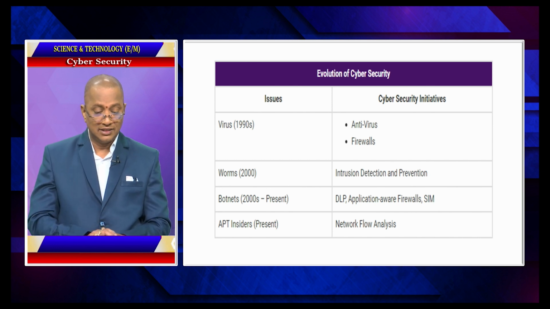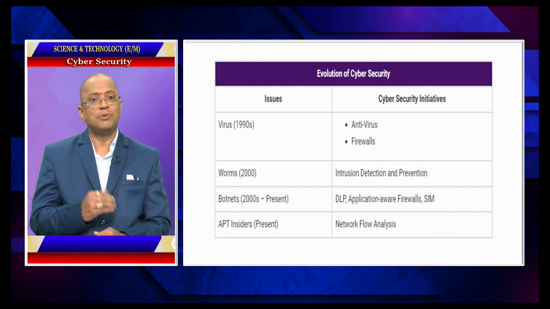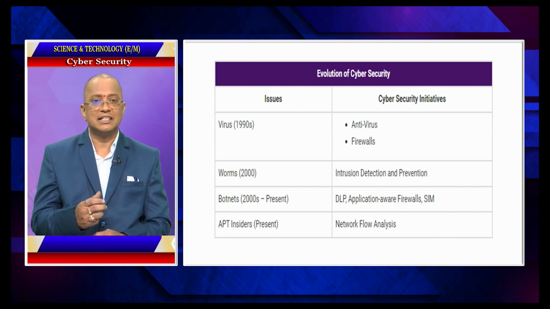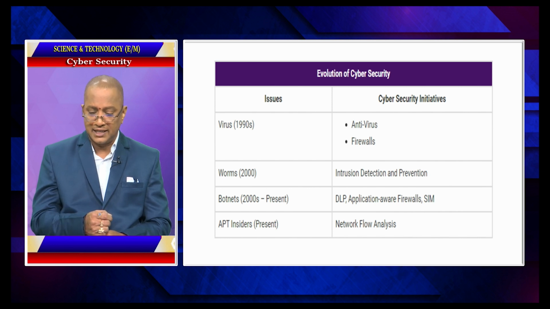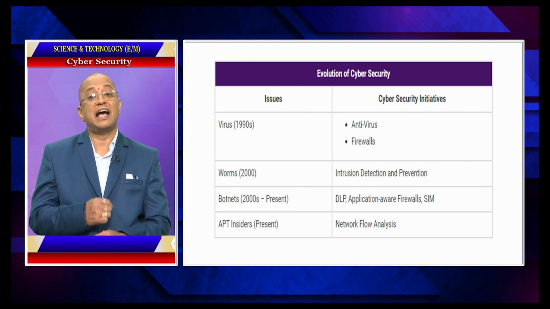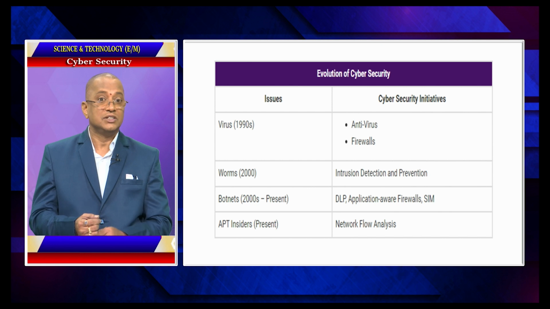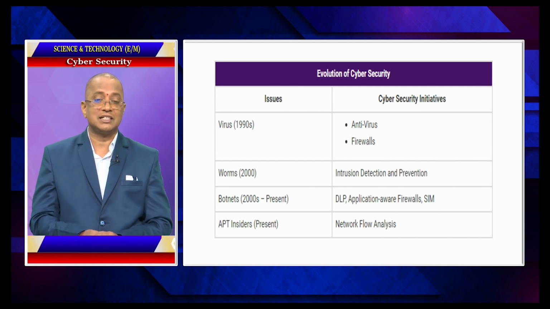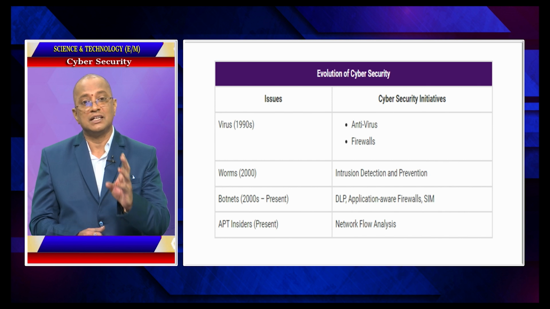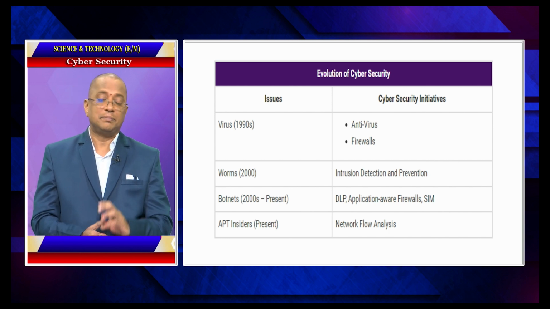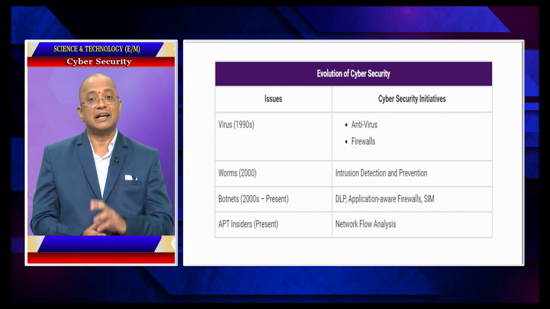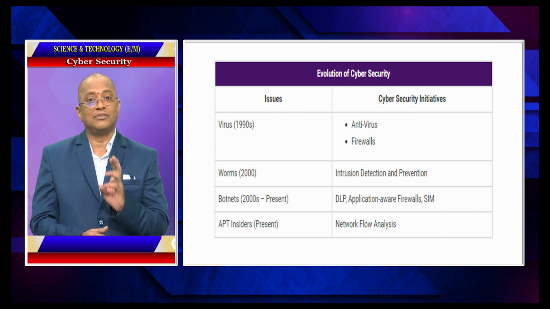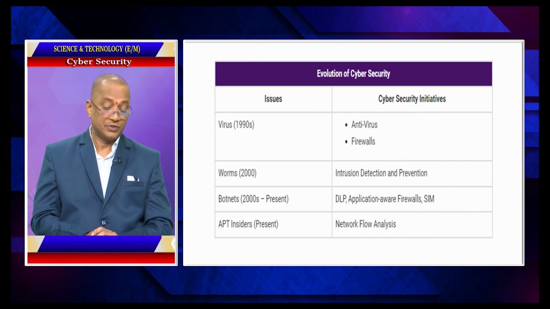Okay, next, botnets. Botnets are another issue, and the countermeasures are DLP applications, aware firewalls and SIMs. From 2000 onwards, these botnets attack our cyberspace, steal our personal and sensitive information, and also disturb our software.